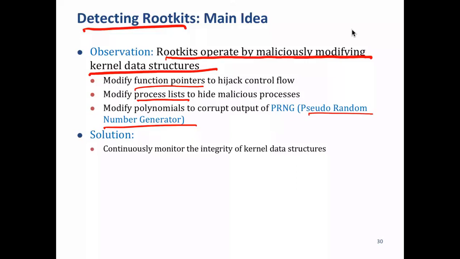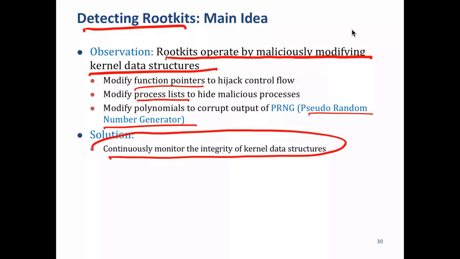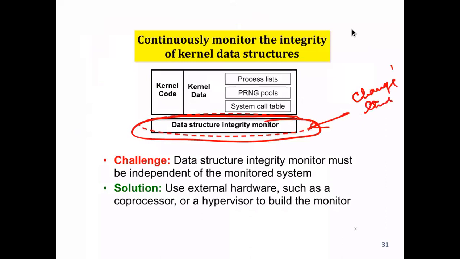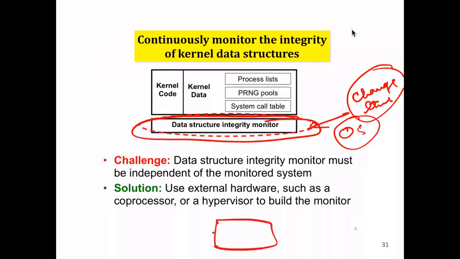So the only way is to continuously monitor the integrity of kernel data structures, because a rootkit works by changing them. I can have an integrity monitor, but can the rootkit change this? If it is a part of the OS, then it can change it. It can disable it. We always assume the OS is a trusted region, 100% protected.